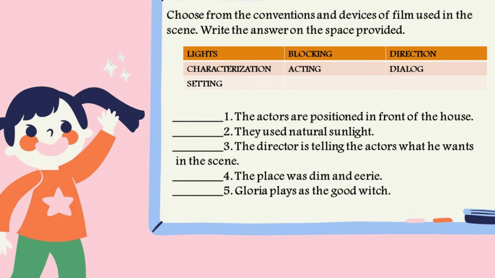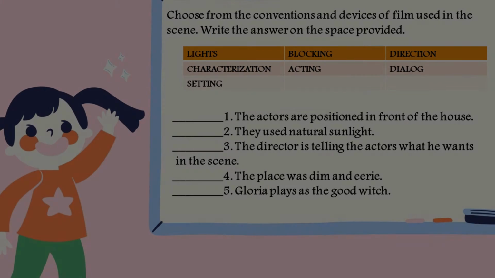They used natural light. Number 3. The director is telling the actors what he wants in the scene. Number 4. The place was dim and eerie. And number 5. Gloria plays as the good witch.